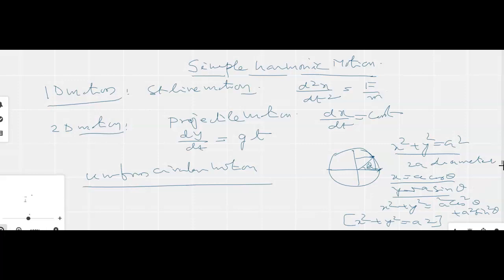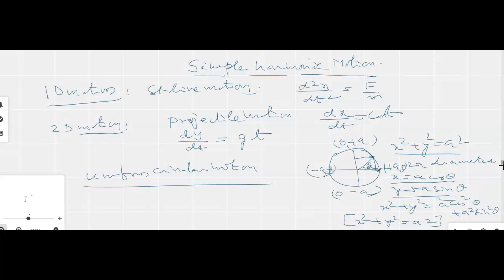At this point the projection of x is plus a, and here the projection of x is minus a, and the projection of y is plus a here and minus a here. Here y is 0, here x is 0, here x is 0, and here y is 0.